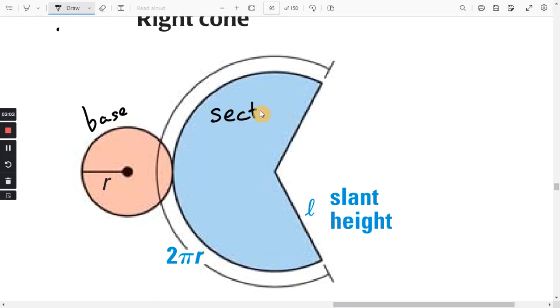A sector is just a part of the area of a circle. So we have a circular base and a sector, but they have different radii. This radius is R, and this radius is L.